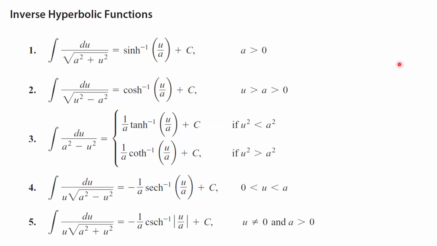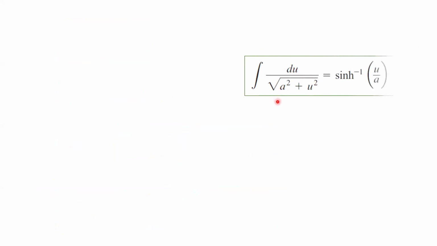Let's take a look at an example. So far, we learned that the integral of du divided by square root of a squared plus u squared is inverse hyperbolic sine of u divided by a.